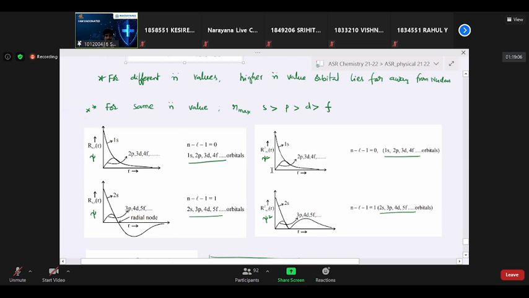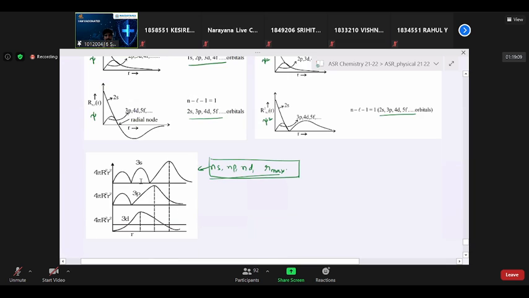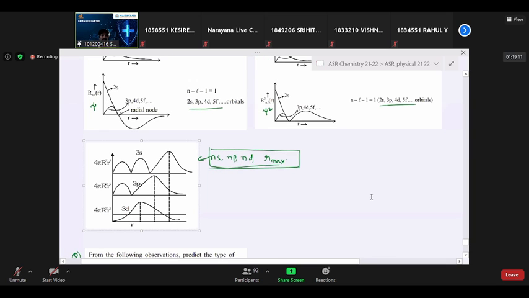Next, I already told you this is a simple picture representing ns, np, nd, and Rmax comparisons. So first one is for 3s, the next one is for 3p, and the next one is for 3d.